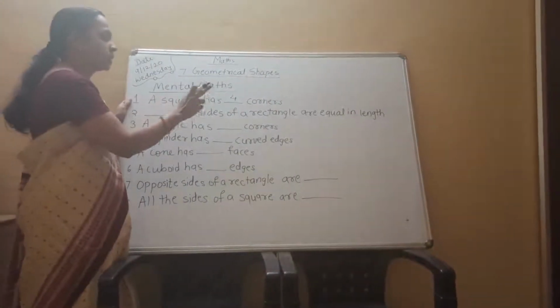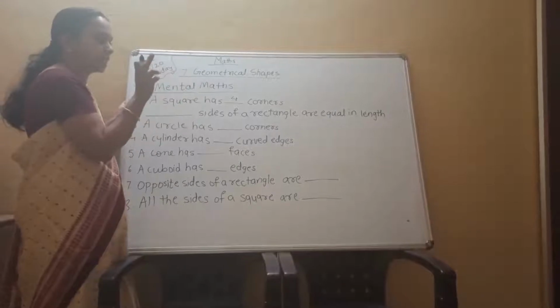Dash sides of a rectangle are equal in length. See, suppose this is our rectangle.